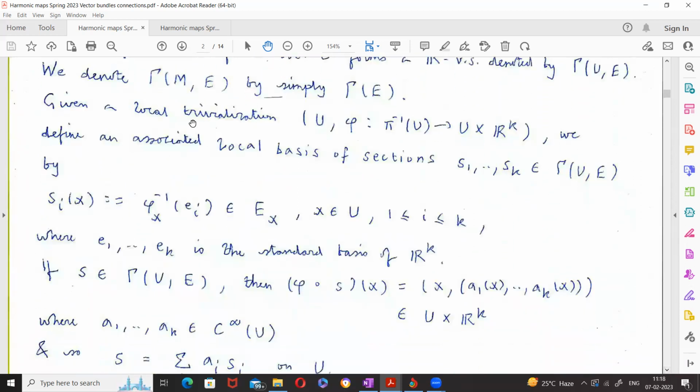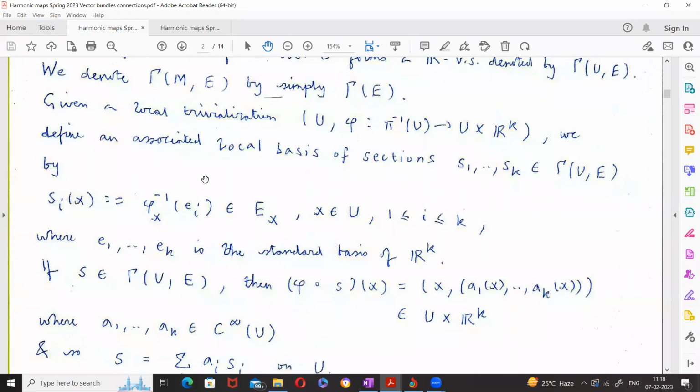So now any local trivialization (U, phi) from pi inverse of U to U cross R^k gives an associated local basis of sections s_1 to s_k, which are sections on U, where s_i(x) is what?